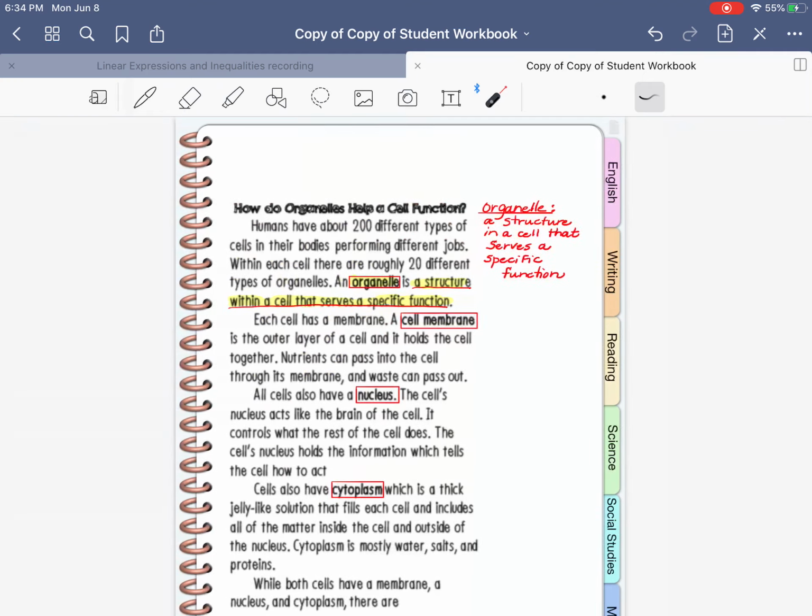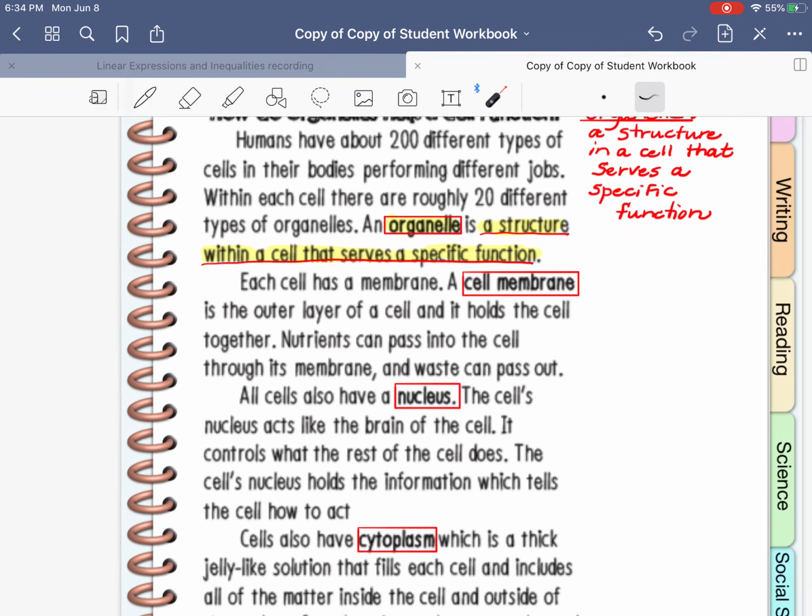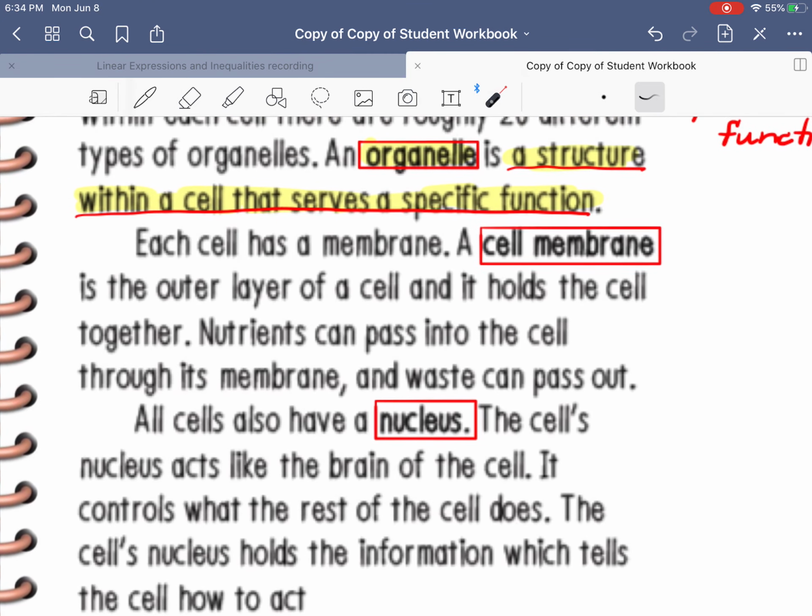All right. A cell membrane. Let's look at this one. It says each cell has a membrane. Anytime you see membrane, think of skin. That's a good sort of synonym. A cell membrane is, so here comes the definition of a cell membrane, the outer layer of the cell.